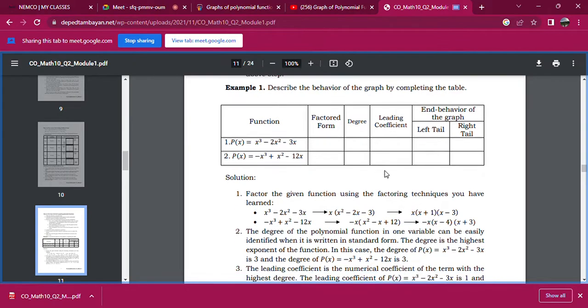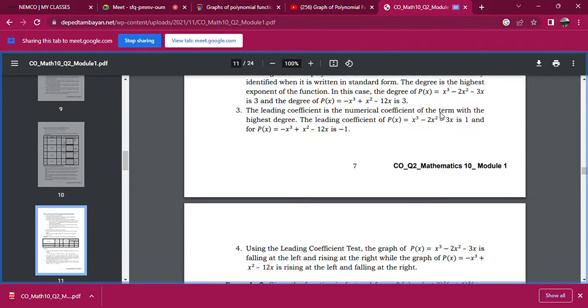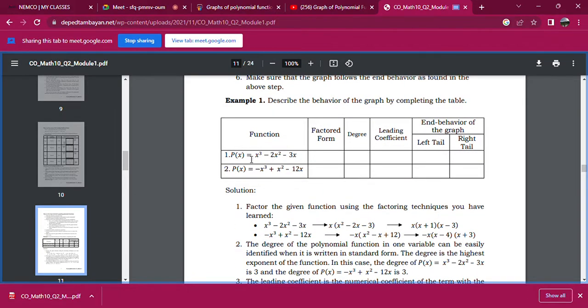Okay, number 4, you will have to identify the end behavior of the graph. So what is your leading coefficient? In number 1, it is positive and the degree is odd. So what is the behavior of the graph once the leading coefficient is positive and the degree is odd?